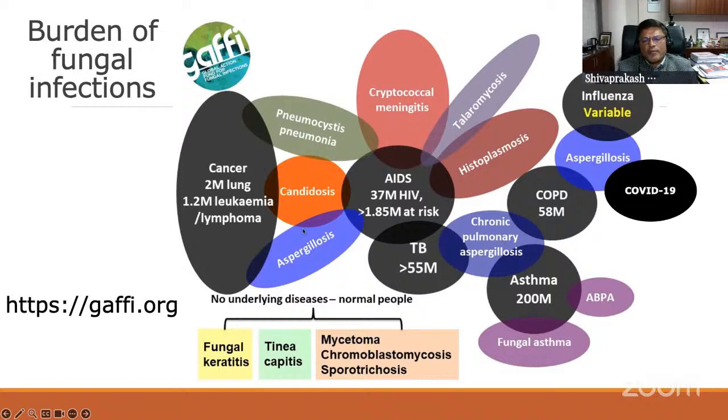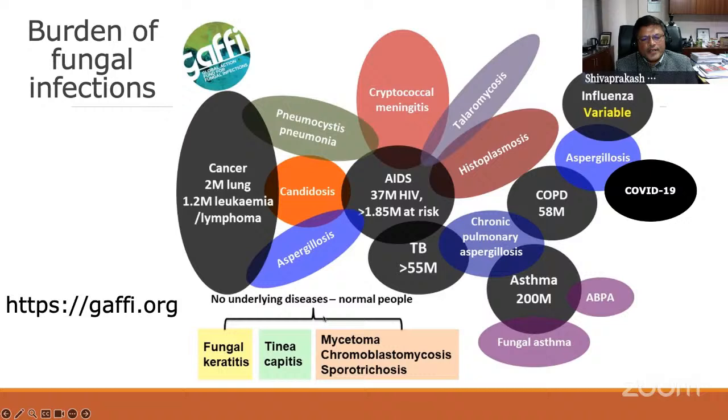I am not even talking about diabetes mellitus and mucormycosis, which is a problem. Along with that, we have allergic diseases such as ABPA and fungal asthma, where we have a major problem with fungi. Sometimes we need an antifungal there also, even for treating an allergic disease, fungal sinusitis as well as ABPA, allergic bronchopulmonary aspergillosis.